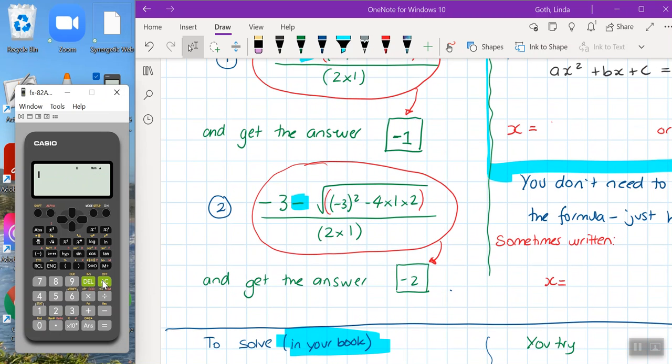So I'm going to clear my calculator. I'm going to start with a fraction. I'm going to start with -3, take away this time square root of 2 open brackets, -3, close bracket, squared, take away 4 times 1 times 2, close bracket, go down to the bottom of the fraction or the denominator, open bracket, 2 times 1, close bracket, press enter, and I get the answer, -2.